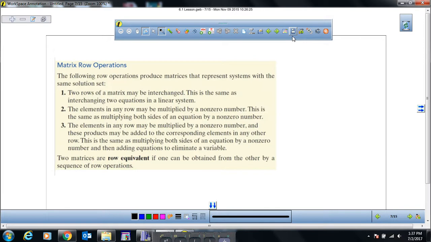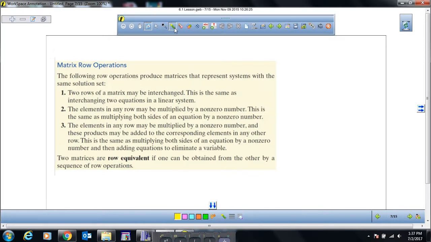Now, in the matrix, there are only three operations that you can do. Operation number one, in an augmented matrix, you can interchange two rows. What does it mean by interchange two rows? It means that the first row you can send to the third row, and the third row you can send up to the first row.